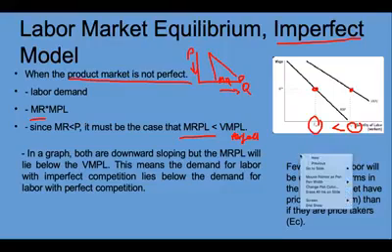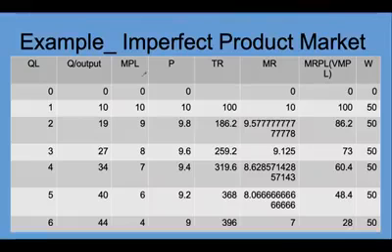Okay, now let's look next. This is a really a bit long table here. This shows how to calculate and determine the profit maximizing hiring level for the firm. Let's start from the beginning. We have a quantity of labor, and then how much output each labor can make.